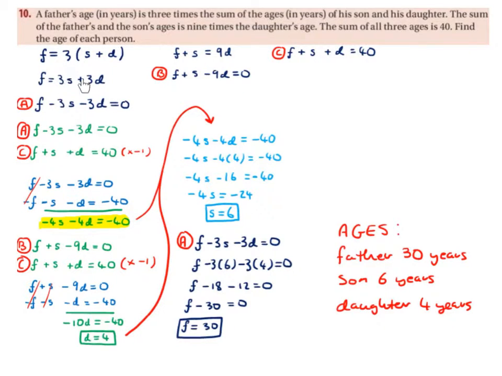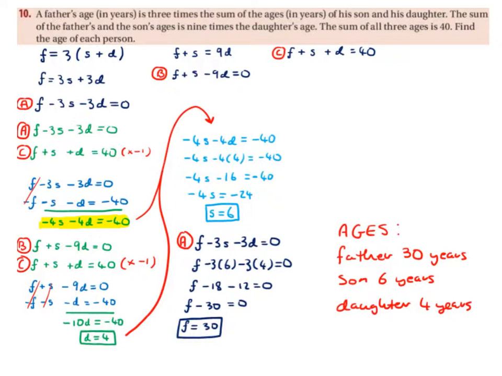And I'm going to bring the 3S and the 3D over the equal sign and they become minuses. So I have F minus 3S minus 3D is equal to 0. Then I have F plus S is equal to 9D. I'm going to bring the 9D over the equal sign. It becomes minus 9D. So I get F plus S minus 9D is equal to 0. And my third equation already has my letters on the left and my constant on the right.